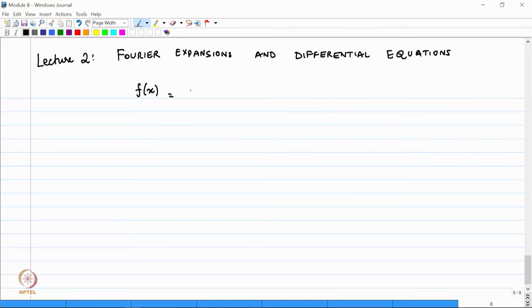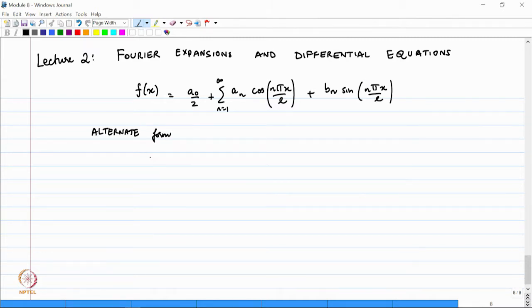So, we wrote our Fourier series as a0 by 2 plus sum over n equal to 1 to infinity a n cosine n pi x by L plus b n sin n pi x by L. There is an alternate form of the Fourier series, which is to write f of x is equal to sum over n equal to minus infinity to plus infinity c n e to the I times n pi x by L.